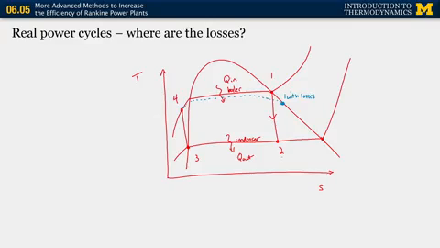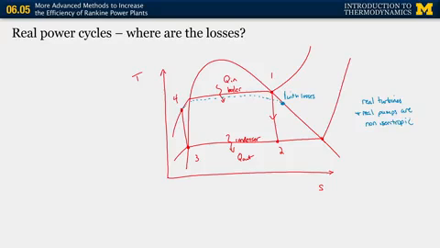With the turbine, this is the ideal performance of the turbine. Remember, we said it's adiabatic and isentropic. Those are the two criteria for the ideal turbine. A real turbine is non-isentropic. So this is the exit state of the boiler with losses. Real turbines and real pumps are non-isentropic.